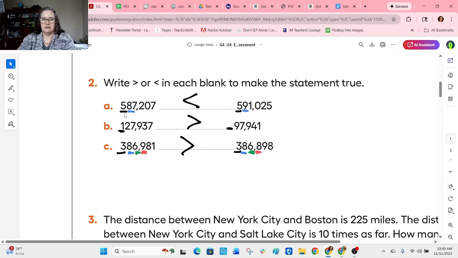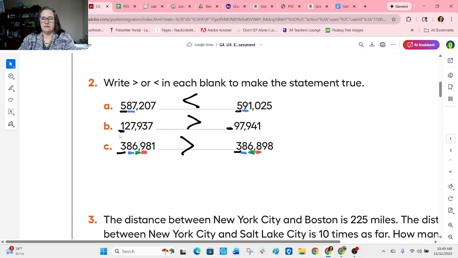So you'll see here that if we start in the 100,000s, both of these have 500,000s. When we go to the 10,000s, the first number has 8 10,000s and the second number has 9 10,000s. So no matter what comes next, this has more 10,000s, so this number is greater.